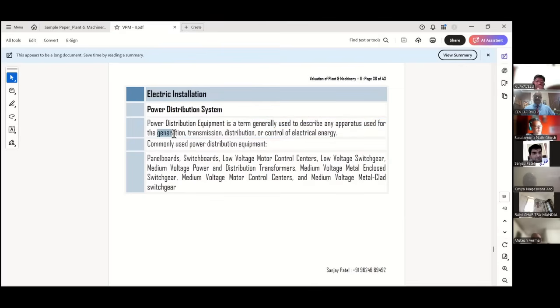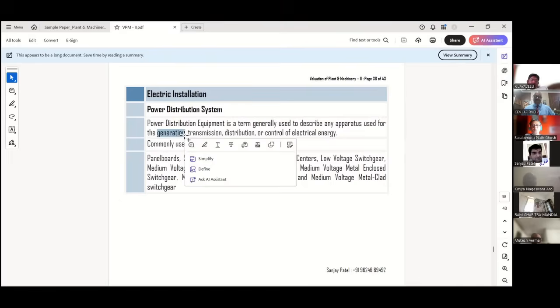At the site of generation, that is the power plant, at the type of generation you will find the transformer and a switch yard.